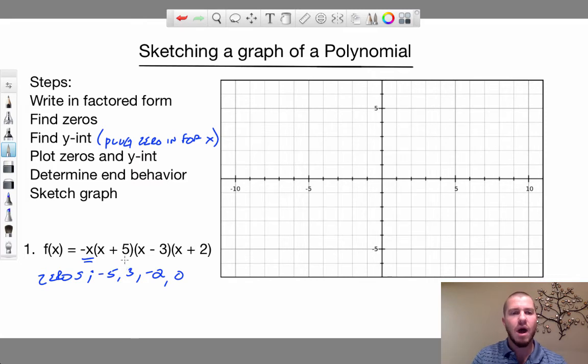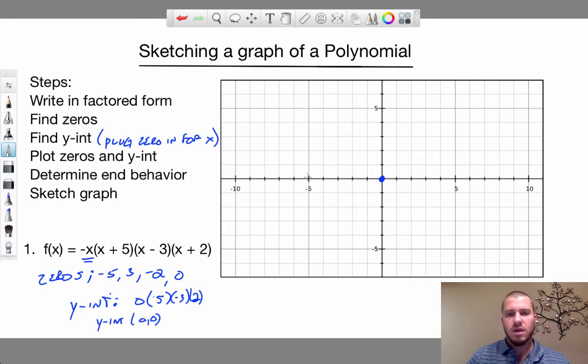To find my y-intercept, if I plug 0 in for x, that's going to make this one 0 plus 2. This one's going to be 0 minus 3, so that's going to be -3, +5. And then this x out in front, well, it doesn't matter what any of these are, if I have an x out in front, there's going to be a y-intercept of 0.